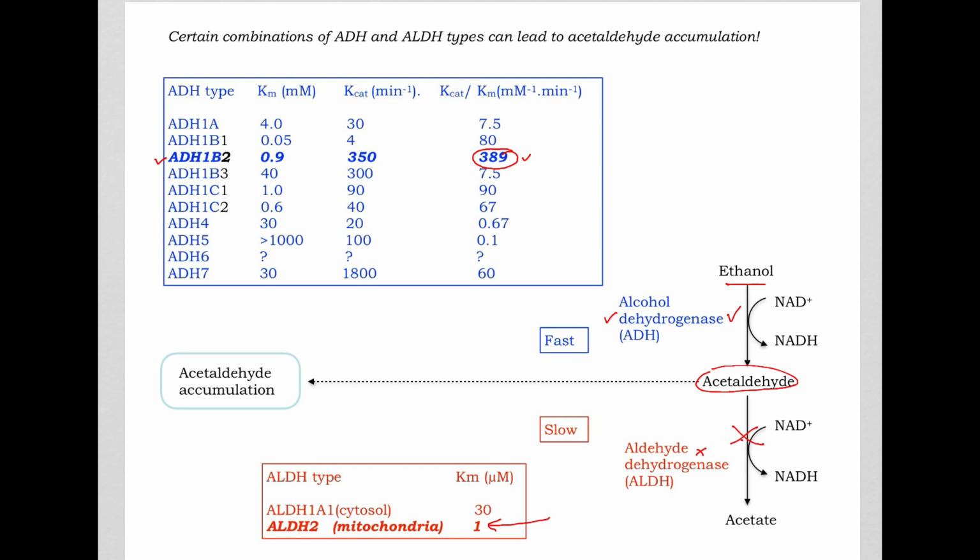That is going to lead to acetaldehyde accumulation in your body when you have a drink or two, and that is going to cause your facial flushing. Okay, so first step very fast, second step very slow. Why? Because of the types of these two enzymes that you have, alcohol dehydrogenase and aldehyde dehydrogenase.